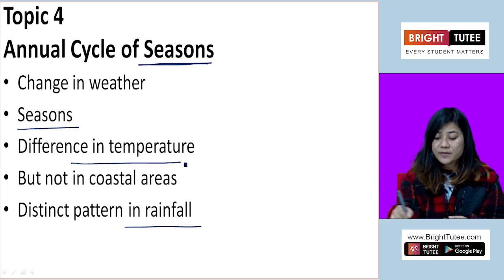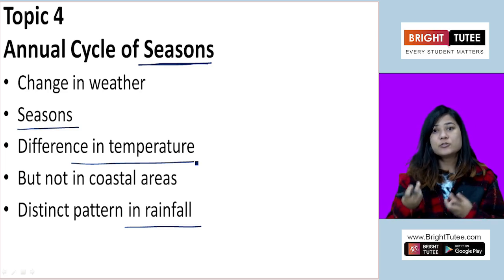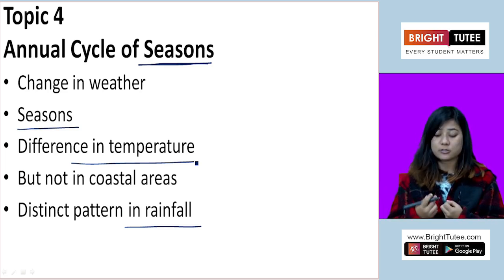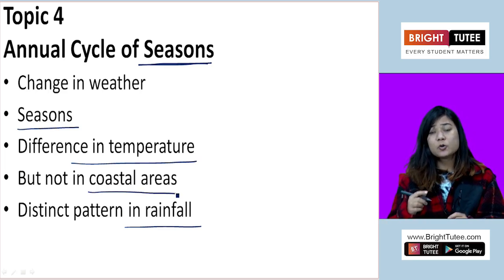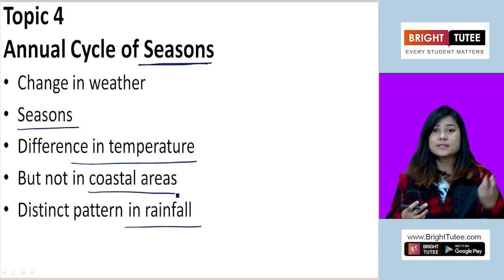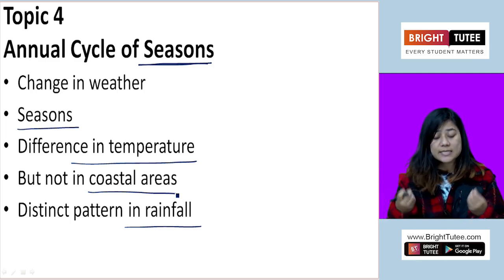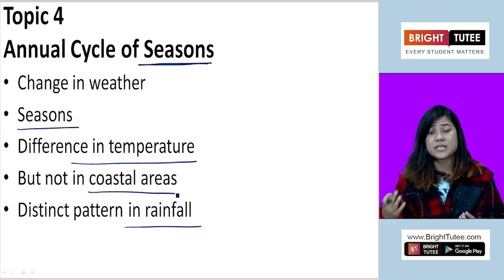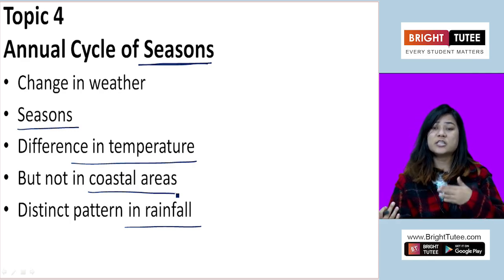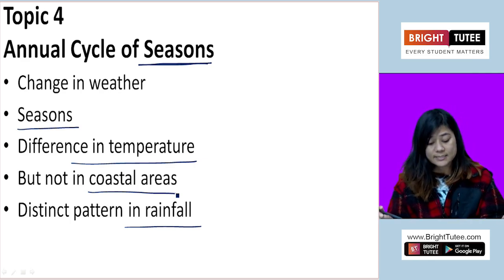So there is a difference in temperature. But the difference in temperature also depends on where the region is located, because the coastal areas in the southern western Ghats and the eastern Ghats of the peninsular part of India do not experience much difference in temperature like those regions in the north, the west or the east.